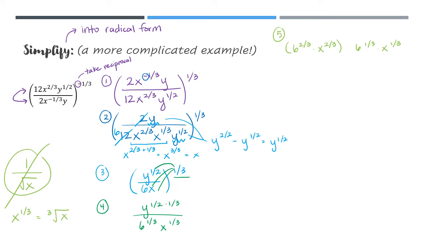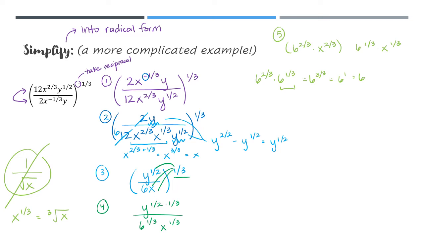Well, I just want to point out that 6 to the 2/3 power times 6 to the 1/3 power, remember this was already in the denominator. If we add together those exponents, we'll get 6 to the 3/3 power, or 6 to the 1st, which is just plain old 6.